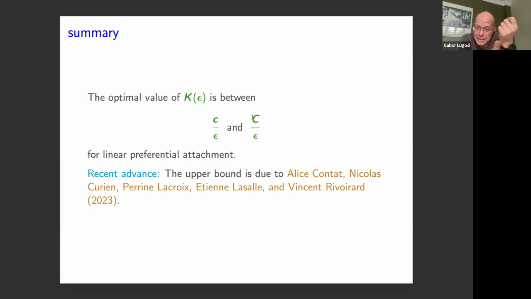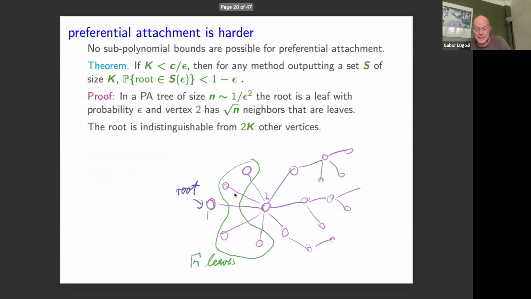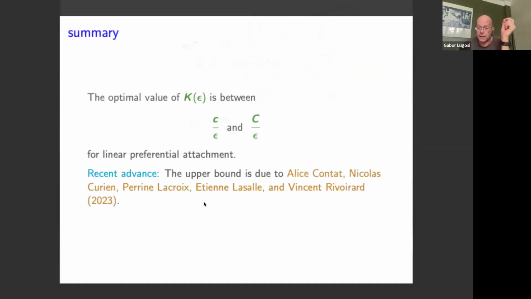But in order to get the optimal power of epsilon, what they had to look at is pairs of vertices. So you see, in some cases, like in this example that I just showed, the root vertex will not have a high degree, but whenever that happens, whenever Adam has a small degree, Eve must have a high degree.